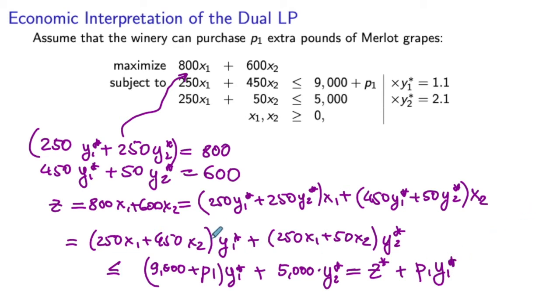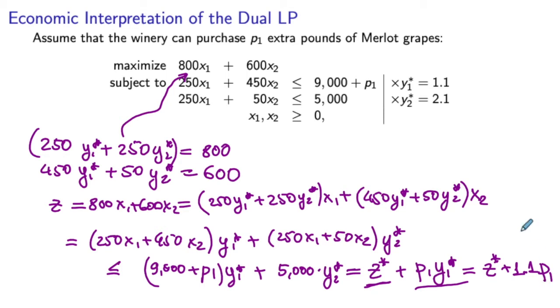From here we can tell that the maximum amount by which my objective value can increase for any feasible x for the primal is bounded by the previous optimal objective, z star, plus this term given by p1, which represents the additional amount of Merlot grapes that we can get, multiplied by the optimal value of the dual variable, y1 star. Since y1 star is equal to 1.1, we obtain z star plus 1.1 p1.